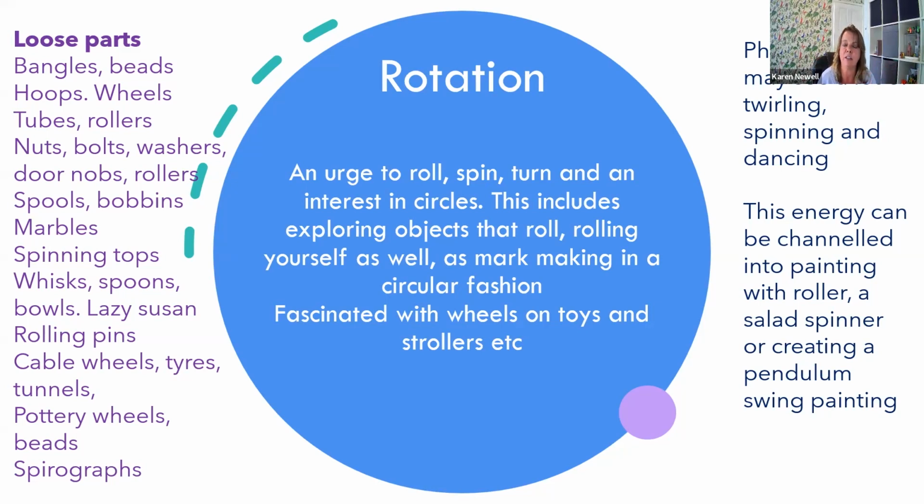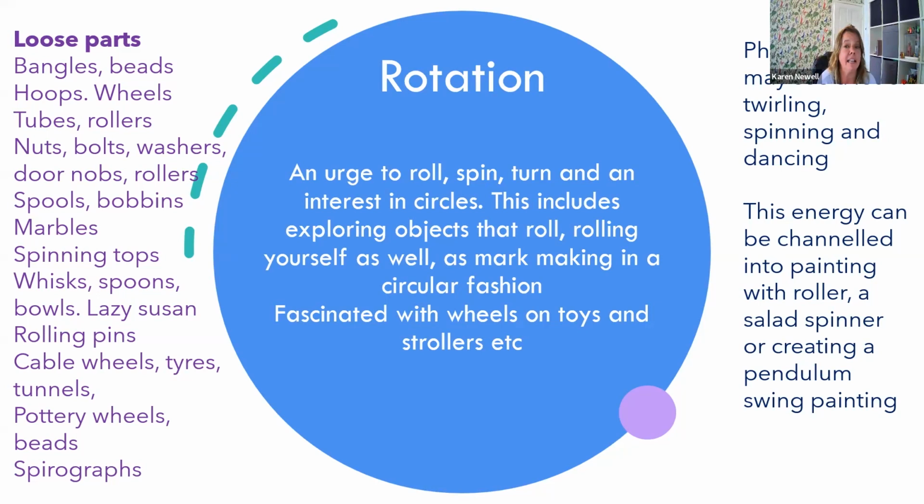You need to explore lots of different types, and things like lazy Susans, whisks, spoons, rolling pins, all of that help children to understand what rotation is and what roundness is really.